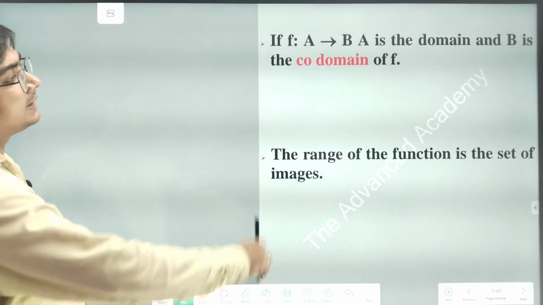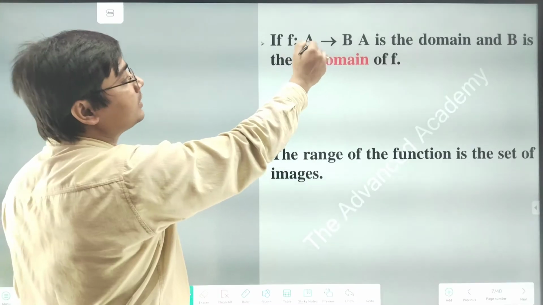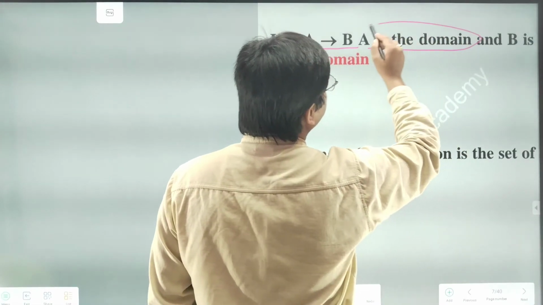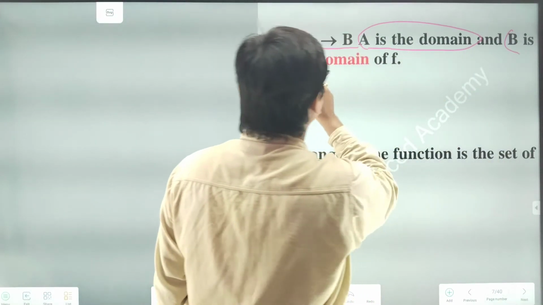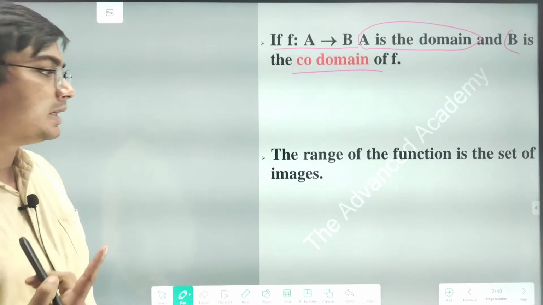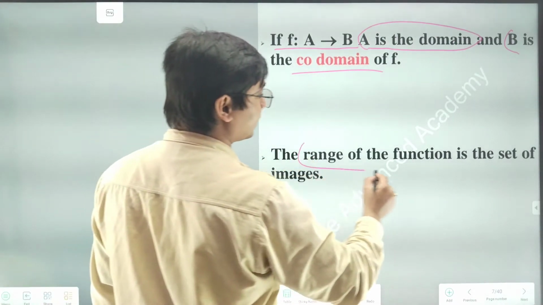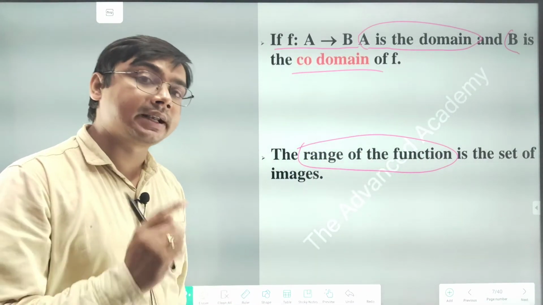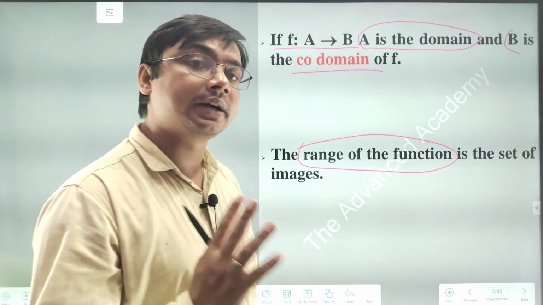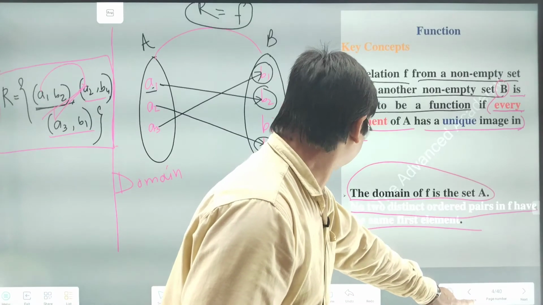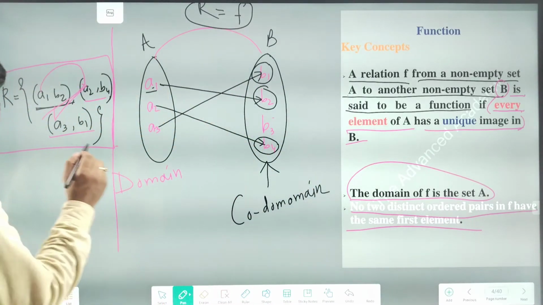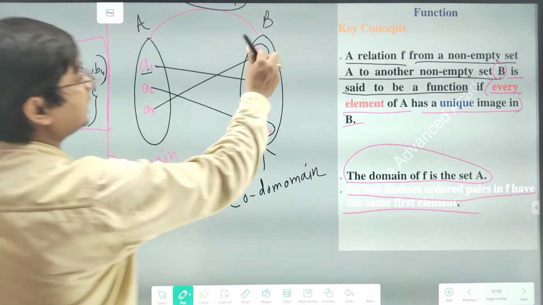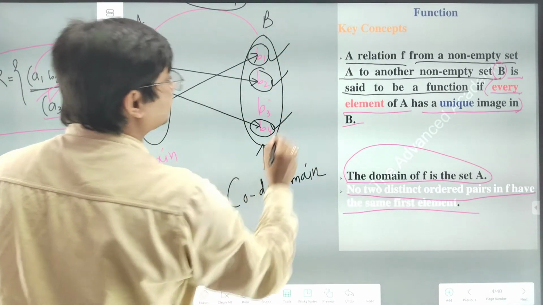Okay, so again you see here, we have already discussed this, if f from A to B is a function, then A is called the domain and B is called the codomain of this function f. And also you see range of a function guys, range of a function is nothing, just the collection of all the images. So you see our previous first example, which are the images here, these b1, b2 and b4 are the images.